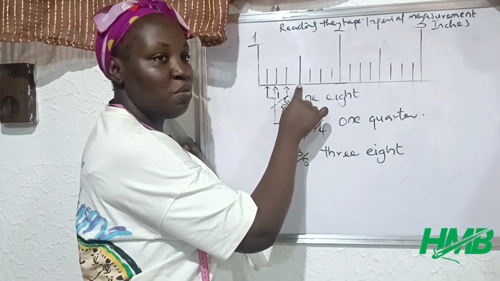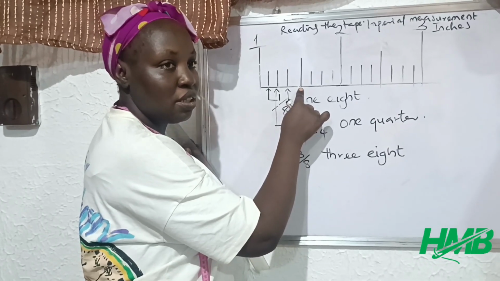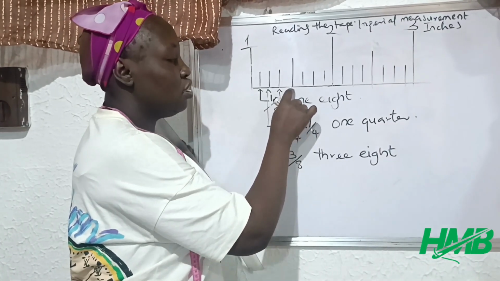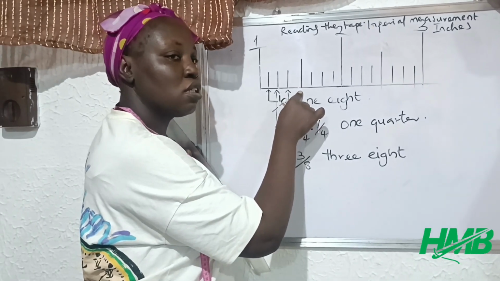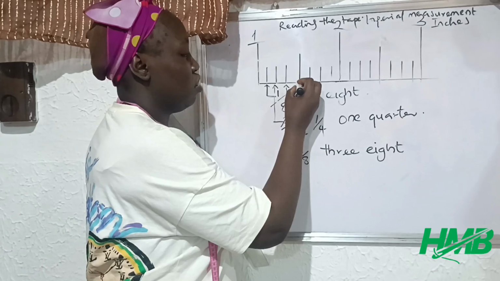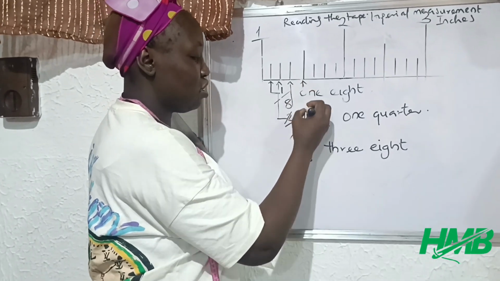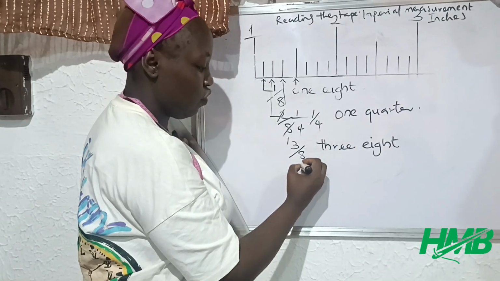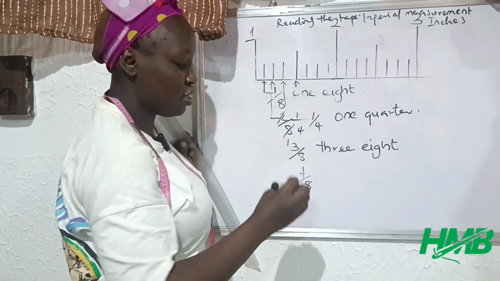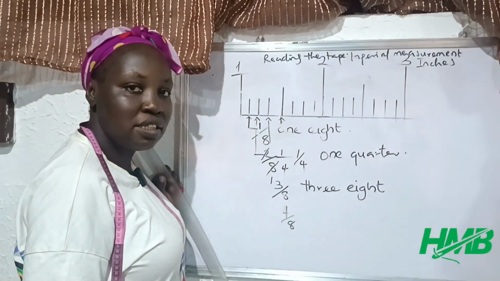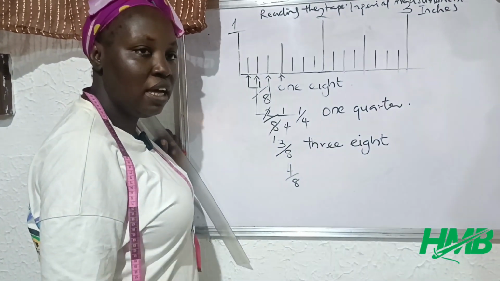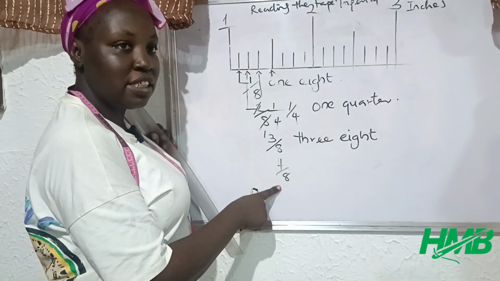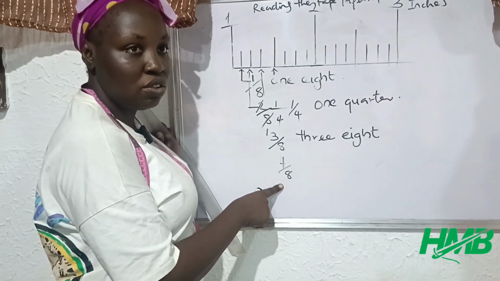Then the next one is what? Number 4. Can you hear me? The next one is what? 4. So that's 4 over 8. Can we leave this as it is? Is that the lowest division?